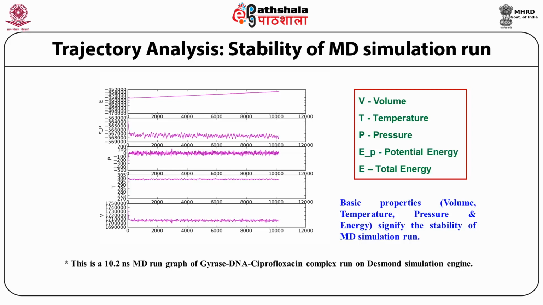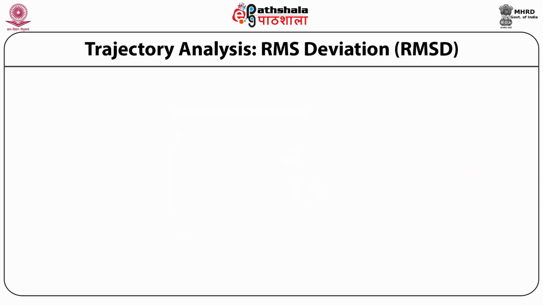This graph clearly indicates that the guided ciprofloxacin complex has achieved the equilibration state very quickly, at about 0.2 nanosecond. This may be due to the reasonably low energy conformation of the complex at the start of simulation. There is also not much variation in any of these parameters during simulation. Minor variations seen in the plot are very small and have a repeating pattern, indicating a stable trajectory.